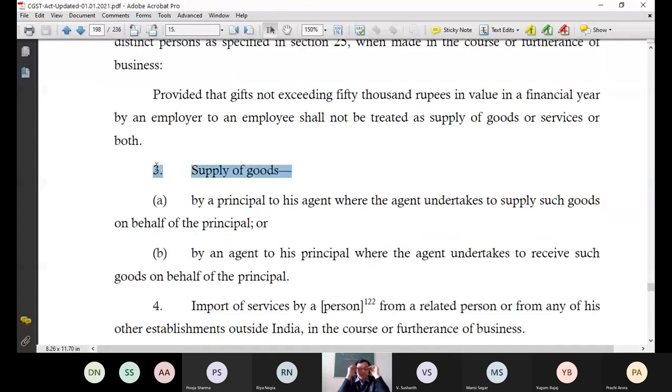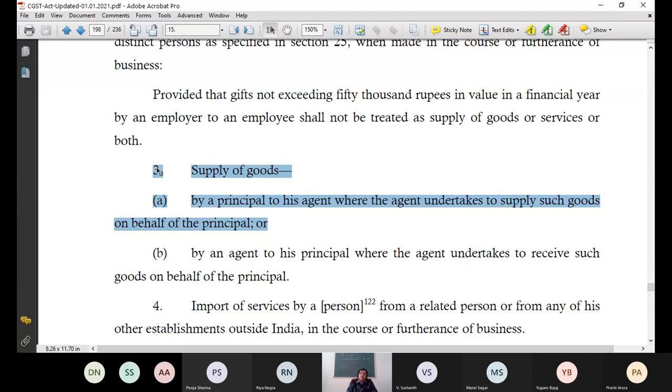Supply of goods. Carefully read: supply of goods. That means services are not covered, only supply of goods. Clause A. By a principal to his agent when the agent undertakes to supply such goods on behalf of the principal. So here supply is happening from principal to agent. Or clause B. Supply of goods by the agent to the principal.